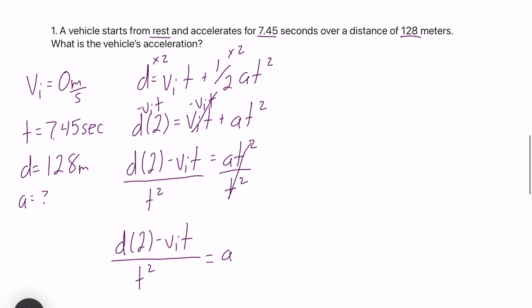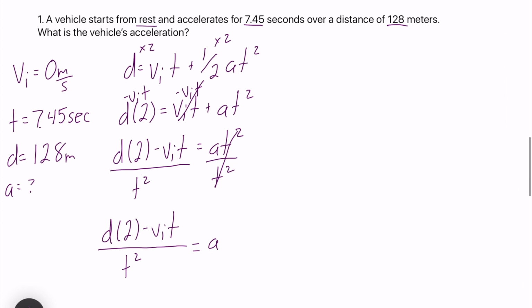Let's go ahead and plug in some numbers for ourselves. So we have our distance, which is 128 meters. That's going to be multiplied by 2, subtract our VIT, which is just going to be 0, multiplied by 7.45.